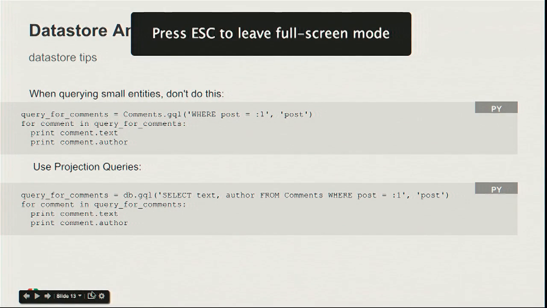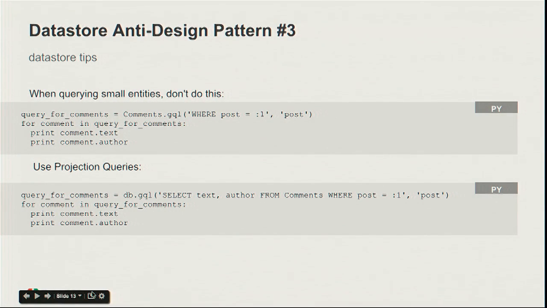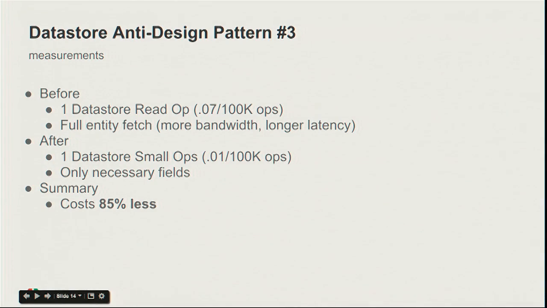OK. So I just want to print out these 2 fields from my model, so that's all I'm going to retrieve, text and author. And the big news here is the first one is a full data store read op, which is 7 cents for every 100,000 ops in App Engine pricing.